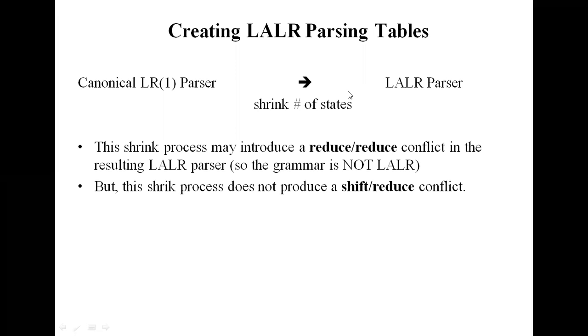Shrinking of the states, when we merge some states, maybe there is a chance to get this type of conflicts. The commonly occurred conflict is a reduce conflict. But when we are doing this merging process, it does not produce a shift reduce conflict, right? Make a note of this.